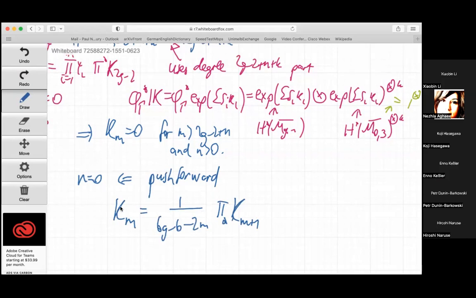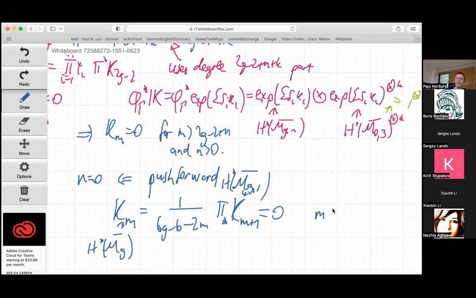And now we know that K_{m+1} is 0 because we just proved it, in cohomology of M_g,1 bar, and this is in cohomology of M_g bar. And so this is equal to 0 as long as m is not equal to 3g-3.